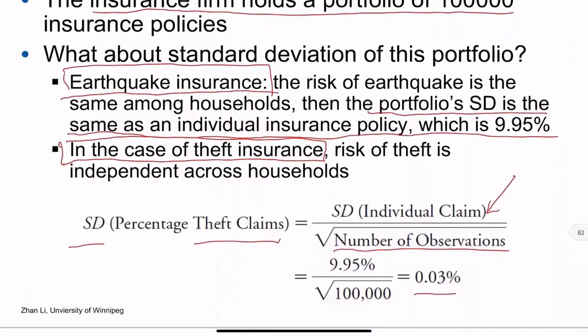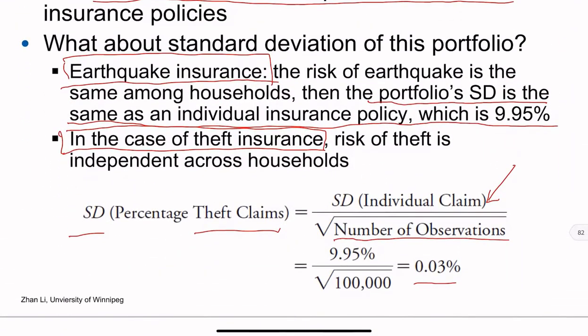However, theft claim has a much smaller standard deviation. It's only 0.03% compared with 9.95% for earthquake insurance.